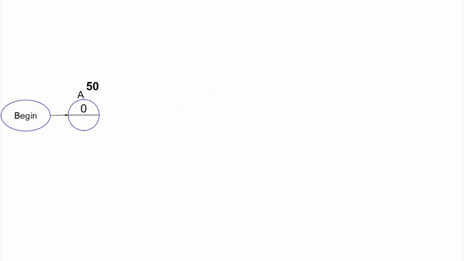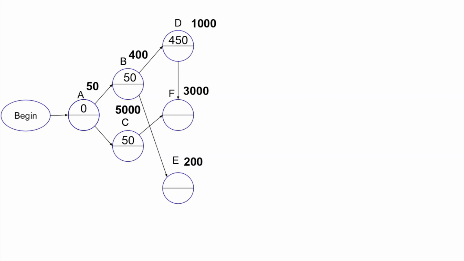Next, we do nodes B and C. Remember that we can only determine the earliest start times for those tasks whose predecessors' earliest start times are known. Hence, why we start the algorithm from left to right. As activities B and C can only begin when A is complete, we put 50 in the top halves of both these nodes.